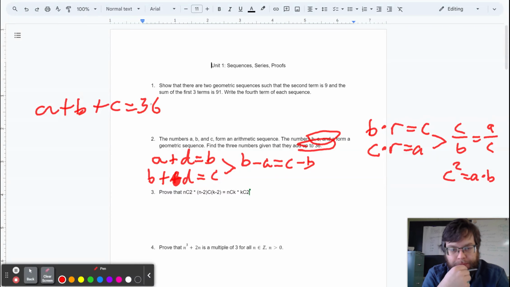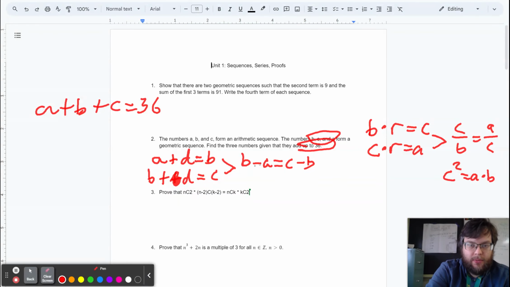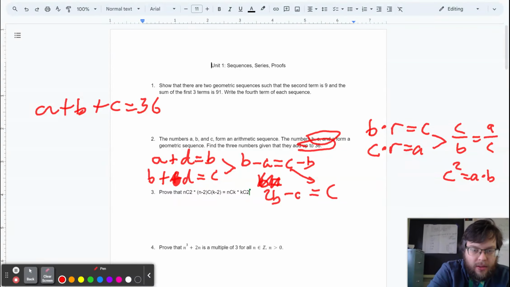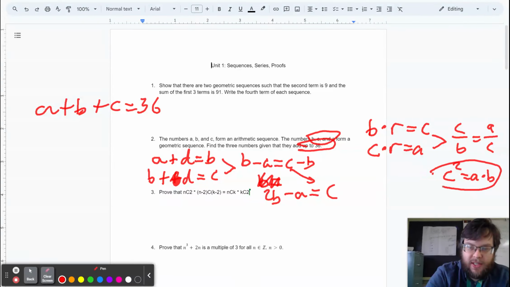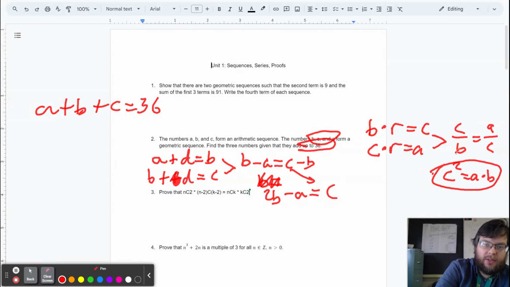Great. So what can we do here? We can do some different substitutions. Let's isolate C here. I can add B to both sides, so I get C equals 2B minus A. And if I look at my other clue, it says that C squared is equal to AB.